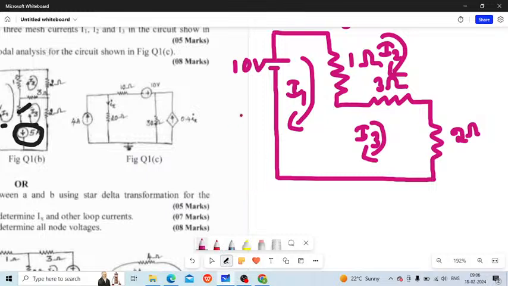So it is nothing but, your negative to positive is what? Negative to positive is minus 10 volt, right?